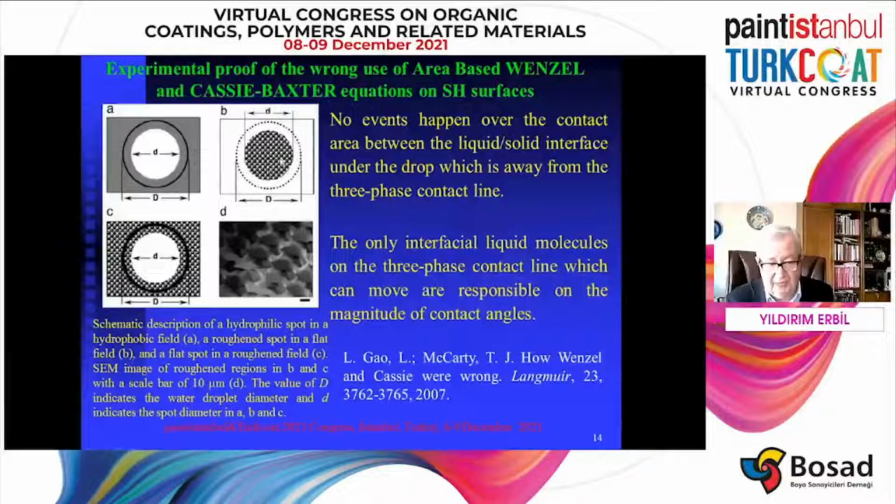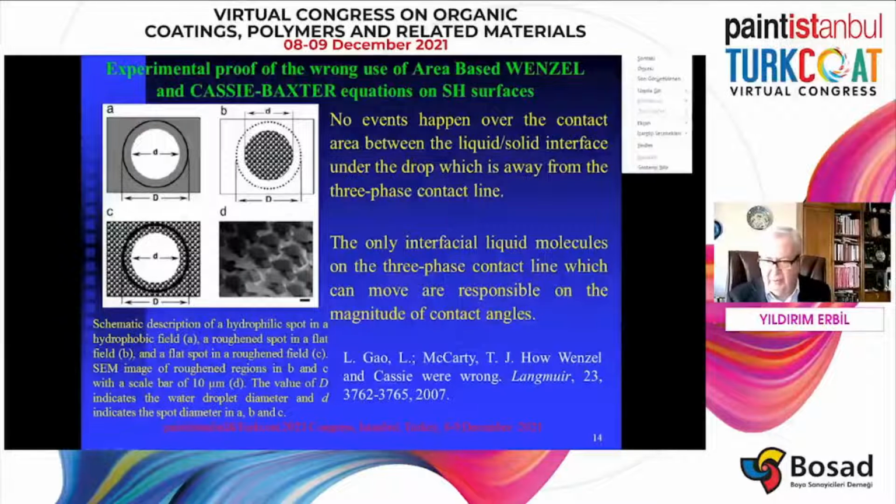So they follow the change of the contact angle according to the three-phase contact line diameters. And they prove that there is no effect of the contact area. So this slide is a very clear proof of the equation.